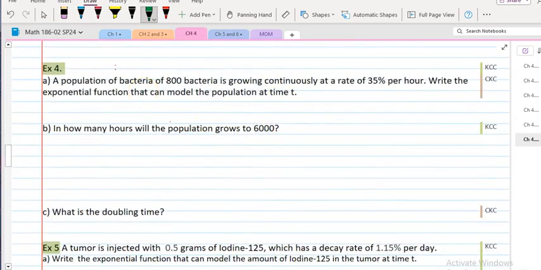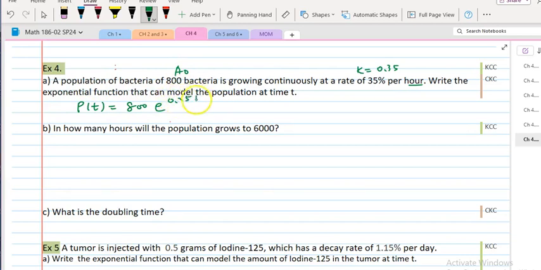Example 4, a population of bacteria is growing continuously at a rate of 35%. So if I know the continuous rate, this is K. K is 0.35 and it's per hour. Write the exponential function that models it. So I would say that P of t is equal to A0, which is 800, e to the 0.35t.